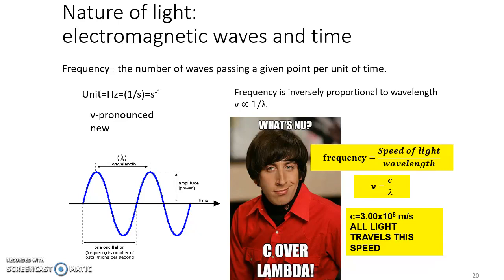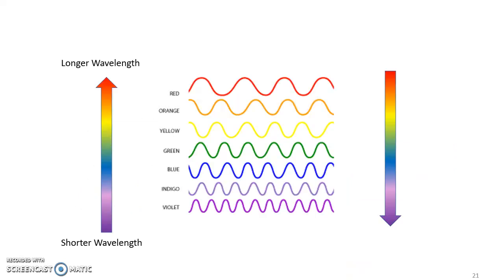In the next video, we're going to go over an example of this calculation. Here is just a nice page to remind you of the inverse relationship. Longer wavelengths, lower frequency. So again, you can't fit as many waves into a location.